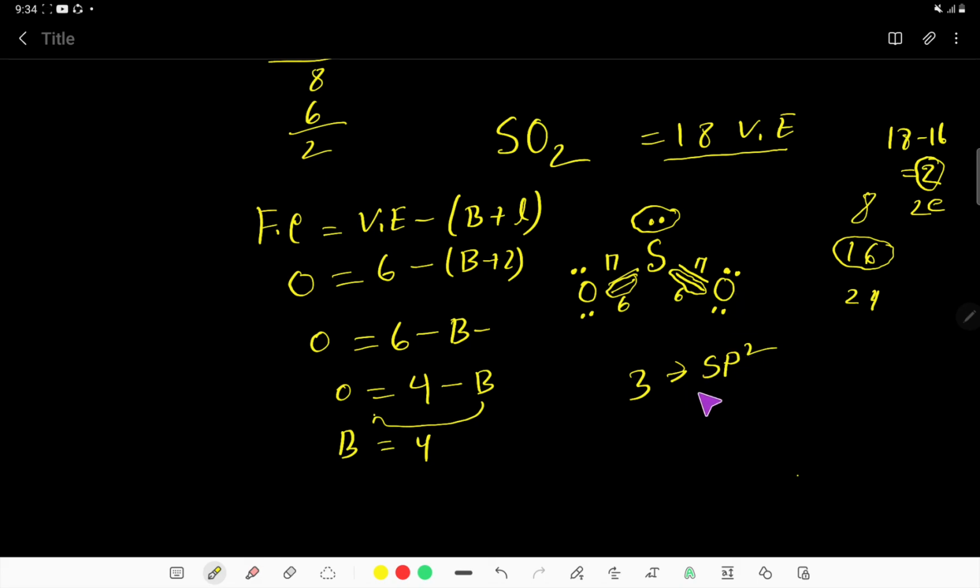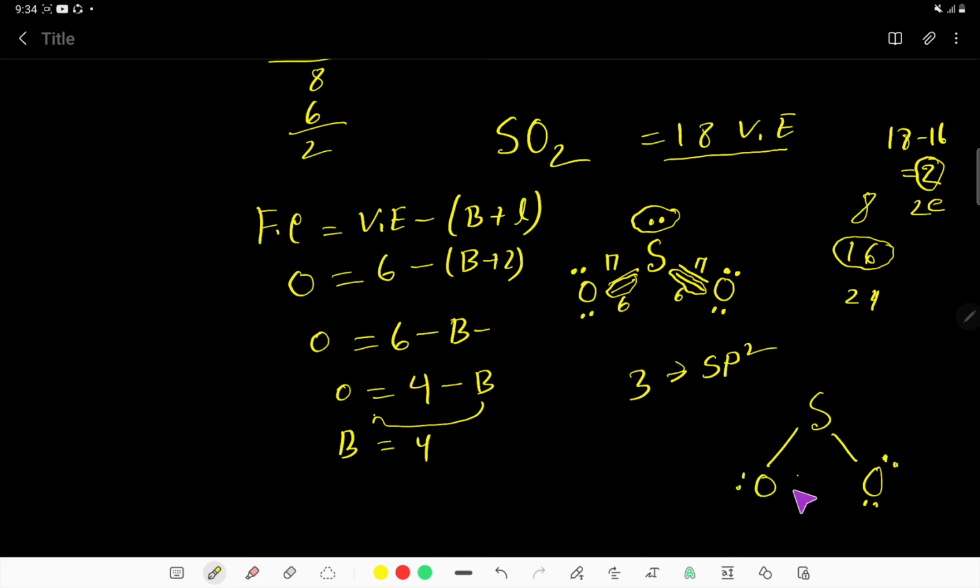Since this is sp2 hybridized, the electron geometry of this compound is trigonal planar, right? But due to the presence of this lone pair, the structure will be a bent structure, like a V-type structure, right? V-type structure or bent structure.